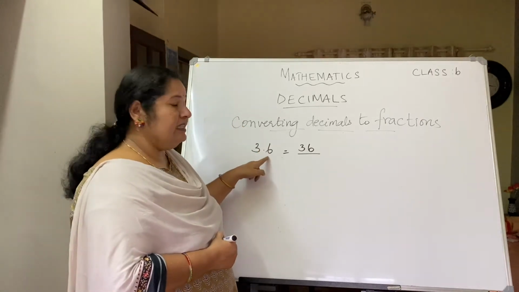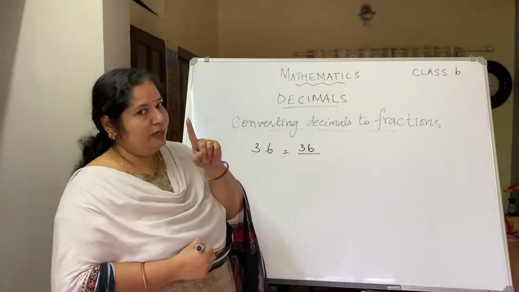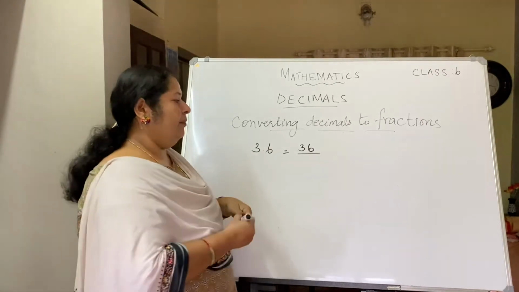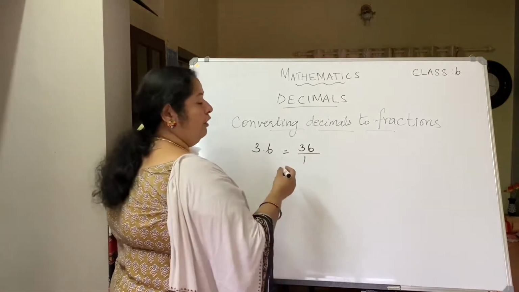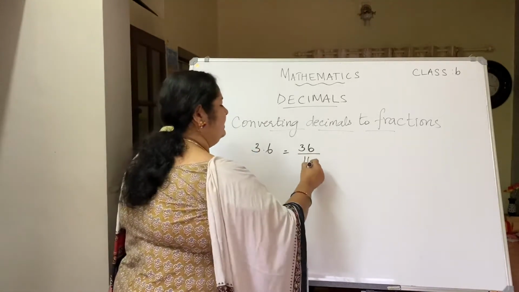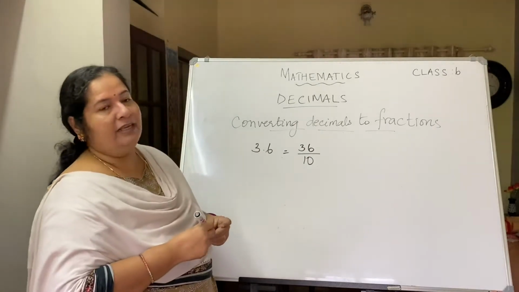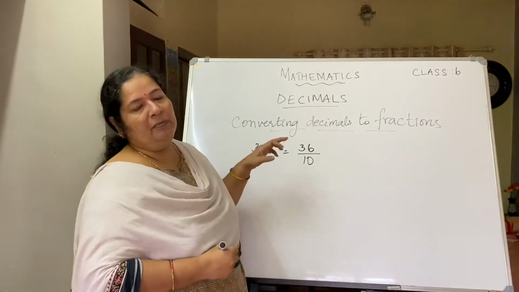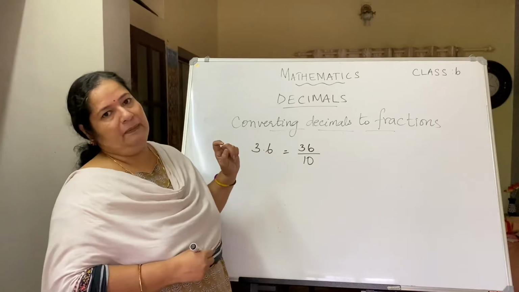So in this given decimal, how many decimal places are there? Only one decimal place. So the denominator will be a 1 followed by only 1 zero. Why only 1 zero? Because there is only one decimal place in the given decimal.